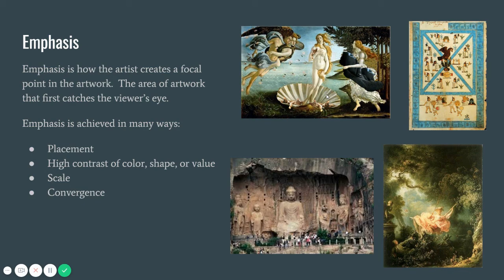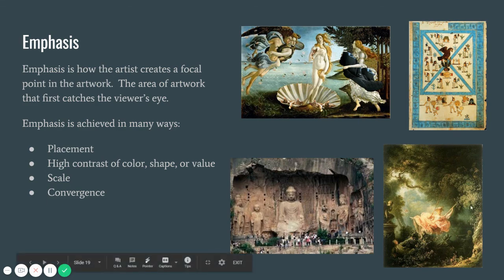You can use contrast to help you create emphasis. So contrast could be, you have mainly black, dark shapes, and then all of a sudden you have one bright yellow spot. Well, of course, your eye is going to gravitate to something that is a different color or has a different shape or value.